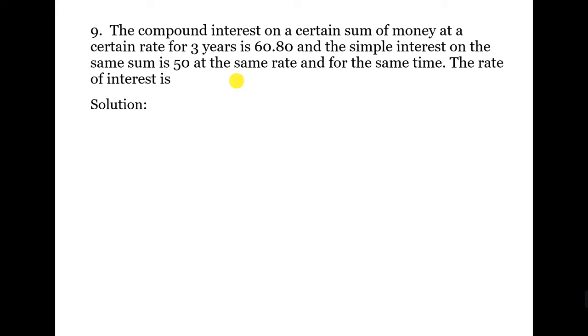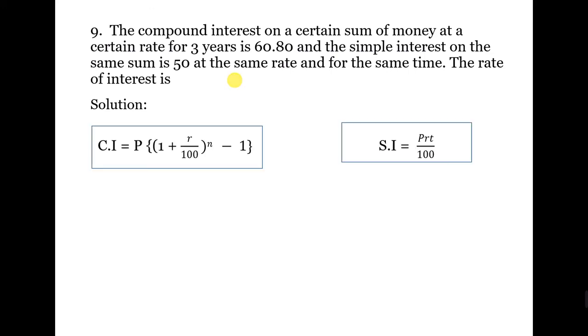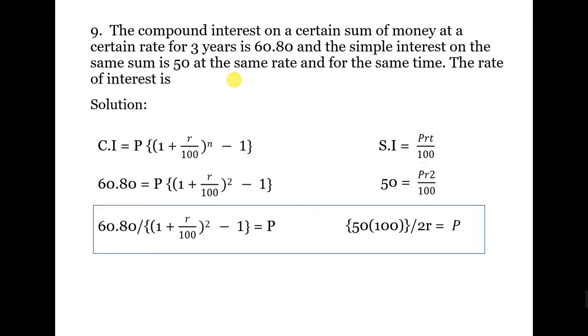In this problem we have two formulas involved. These are in terms of compound interest and simple interest. So these will be the formulas that we are going to use. Then we will substitute all the given values that correspond to the formula.